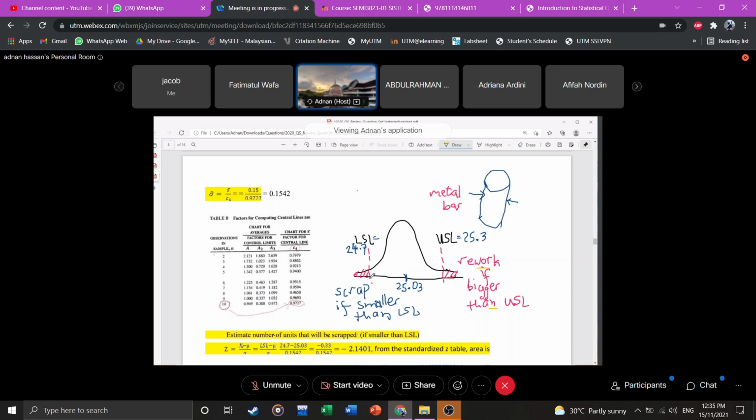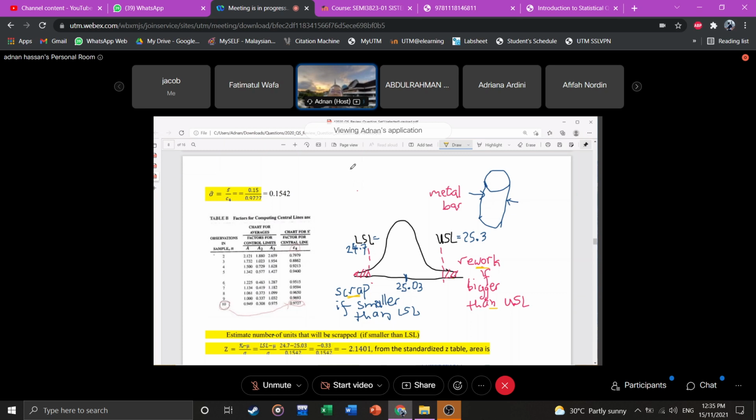So if smaller, you have to scrap. If it is bigger, you can grind it and make it as close as possible to the specification. So now the issue is rework or scrap. If it's a bar, rework when it's larger, scrap when it is lower.